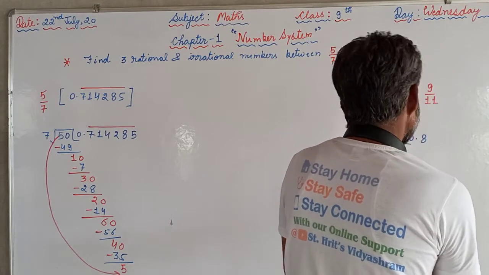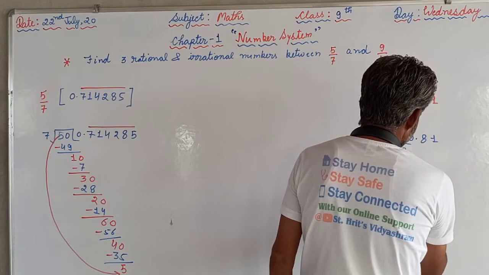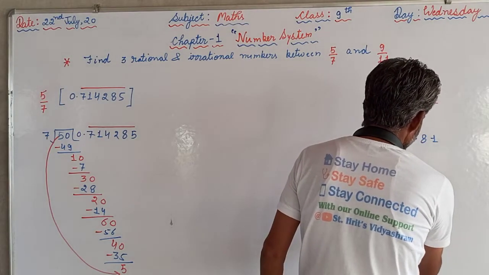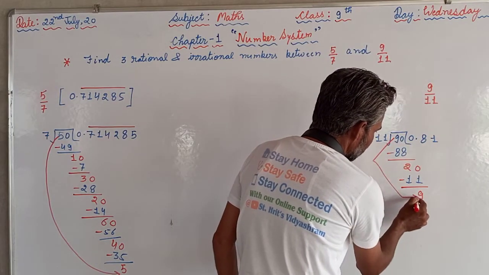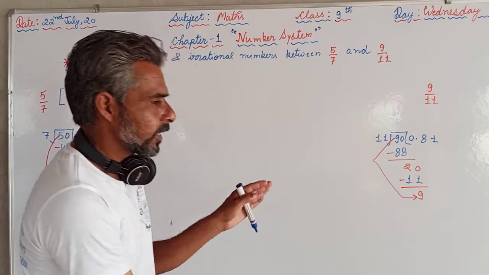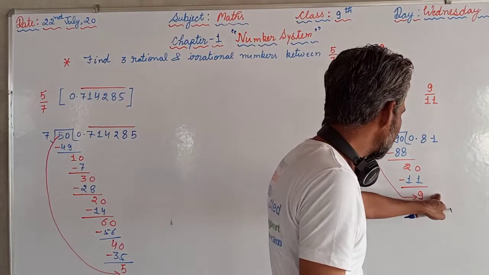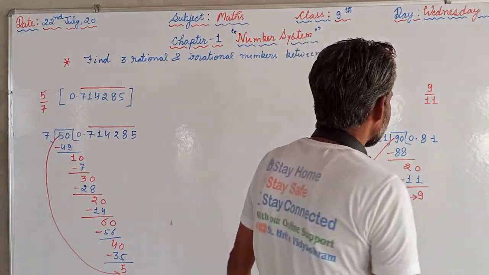Afterwards we will try to divide. 11 1s are 11, and we will get 9 after the subtraction, and we will go. We have already got the same number in this case very quickly. Means again the 9 will come, and we will place the 0 here. Again 11 8s are 88, and the same process will be repeated again and again.